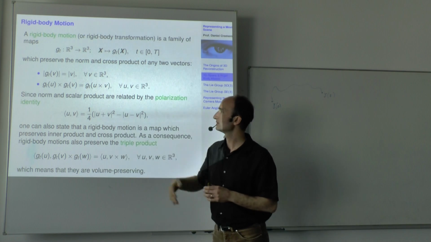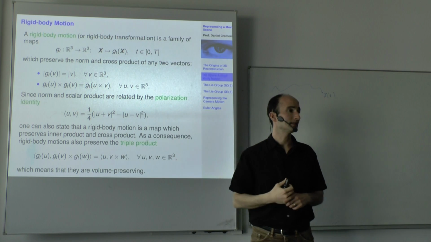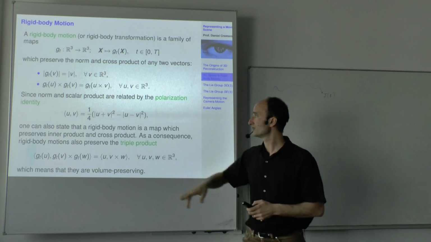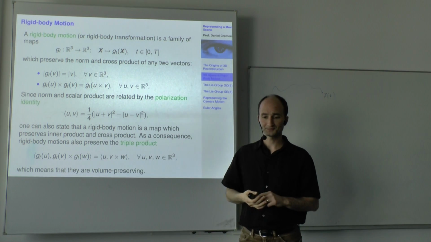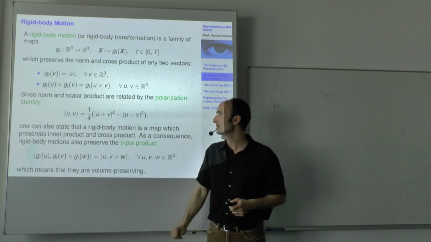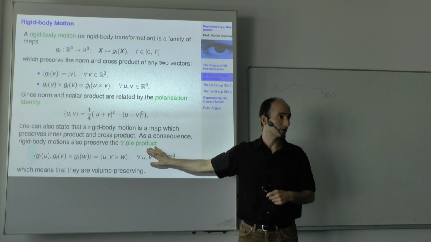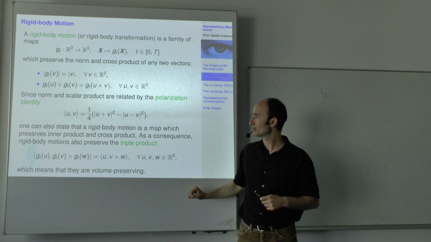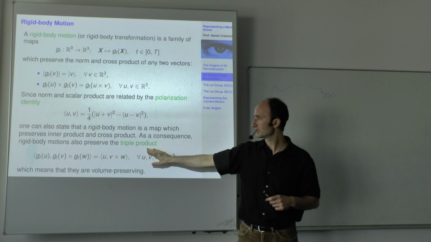This is called the polarization identity. It gives a relation between norm and scalar product. And so if the norm is preserved, then so is the scalar product. And once I have the cross product and the scalar product preserved, it means that also the so-called triple product is preserved under the rigid body transformation. The triple product, I think in German it's called Spatprodukt, if I'm not mistaken.